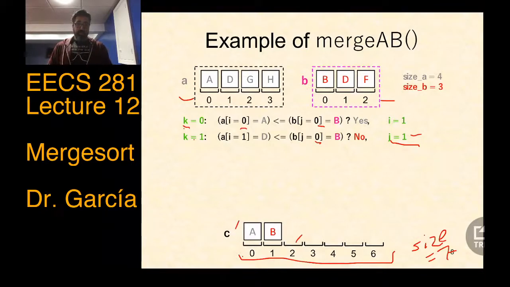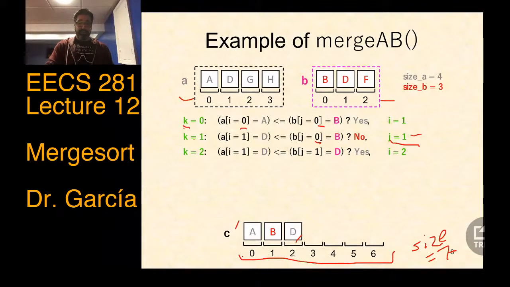All right, so third iteration, I have increased K right here. Now I'm comparing A where I equals 1 against B where J equals 1. Determine that D is less than or equal to D. So the answer is yes. That means that I will be incrementing I. Okay, and I place that third element right there in C. And from then on, rinse, repeat, right?